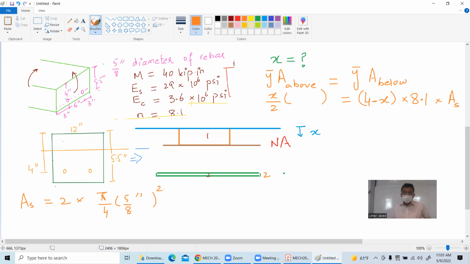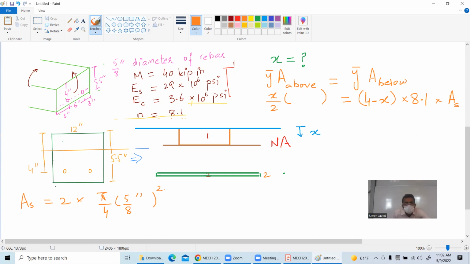Did you understand me, Hocam? Y dash area below is 4 minus x. Because when we say y bar, oh, okay. Really? Okay. Why? Okay, I will think about it.